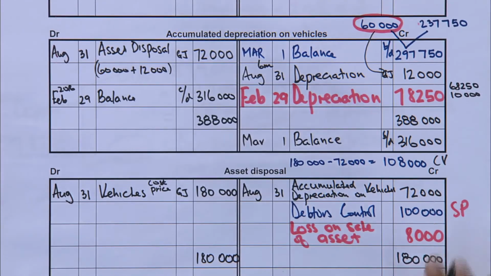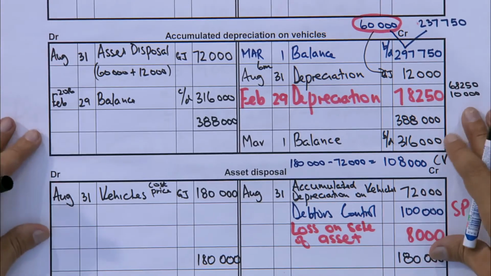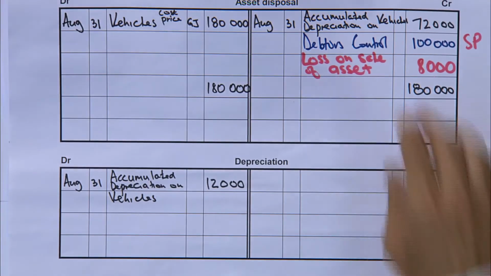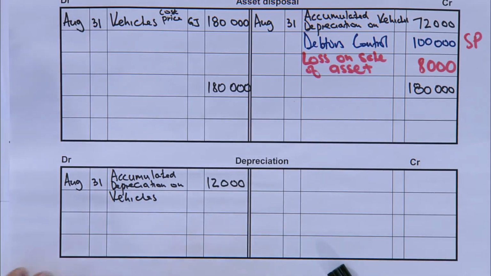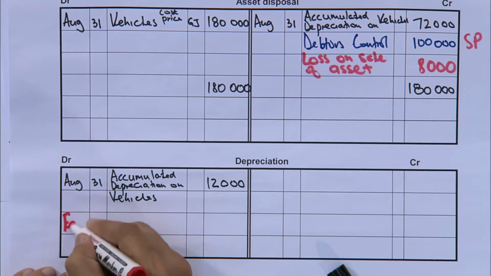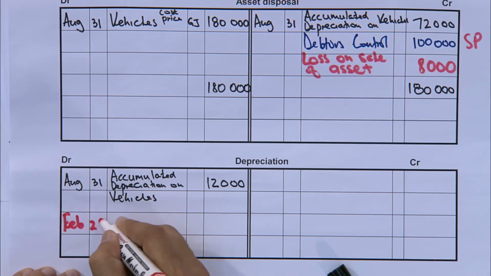Then the only thing that we must still do is complete one half of the double entry for the depreciation account, and then we've got everything done. So one half of the depreciation account means we must still write off the depreciation at the end of the year, meaning this over here, depreciation at the end of the year.